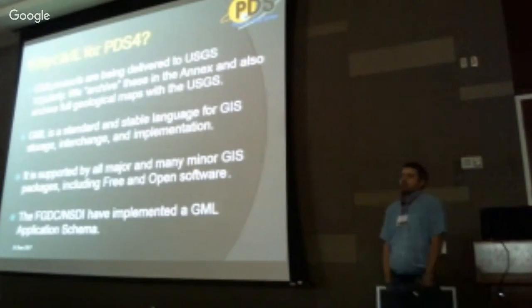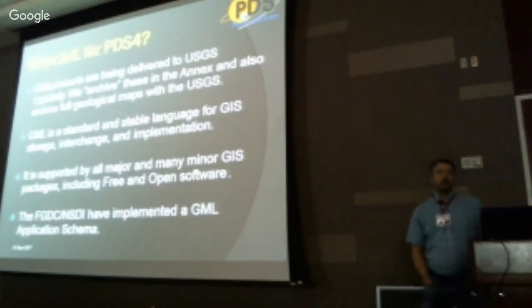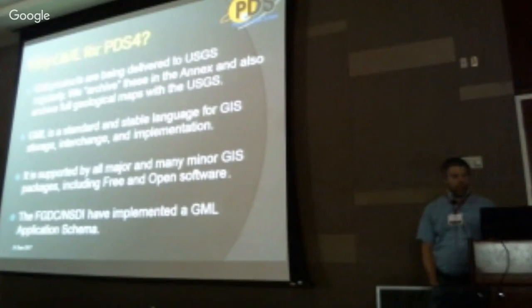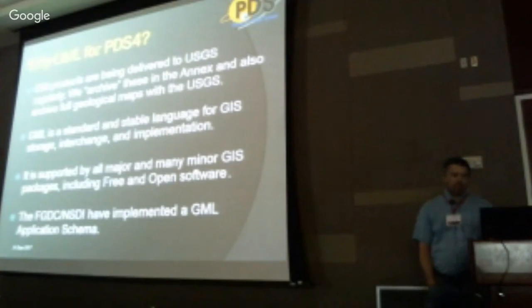Why GIS for PDS4? Right now, you cannot archive a GIS product in the PDS simply for a number of reasons that have to do with compatibility, binary file formats, and so on. GML is available, is a standard stable language, and is supported by many major and minor GIS packages.